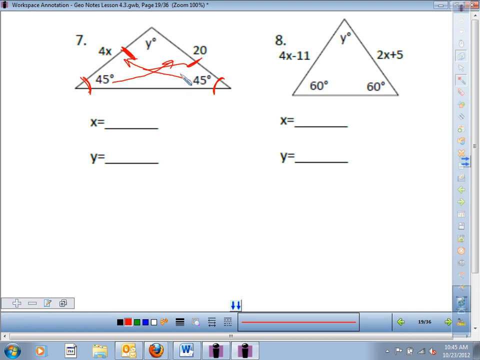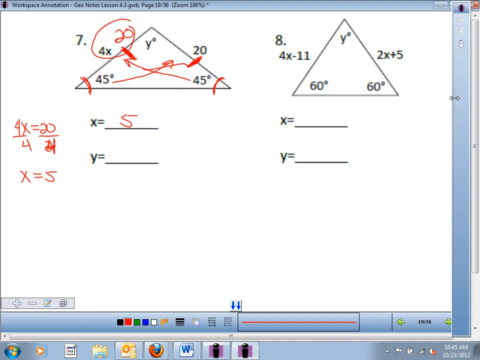So we can go find x real quick. If this is 20 over here, this side over here has to be 20. Well, there is your equation. That 4x has to equal 20. So we just divide both sides by 4. And x is 5. So that means if I take 4 times 5, that's going to give me 20. That's the way we can work over here.